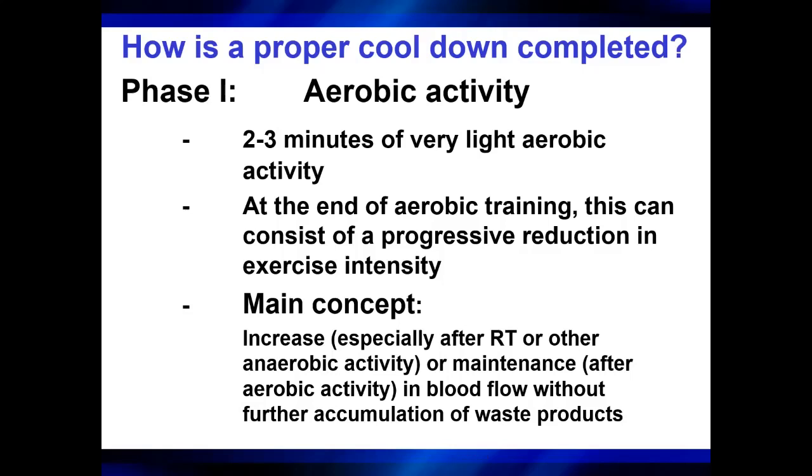If it's at the end of a run or the end of a bike ride or an elliptical machine session, you just progressively reduce exercise intensity, speed, grade, resistance, pace, however you want to term that exercise intensity. You can reduce those factors and bring yourself gradually back down towards resting levels.